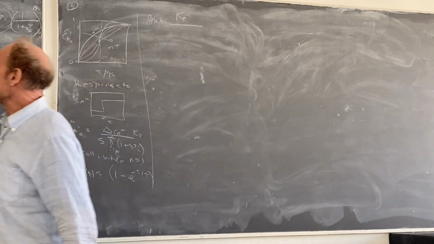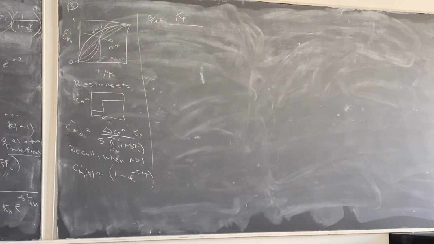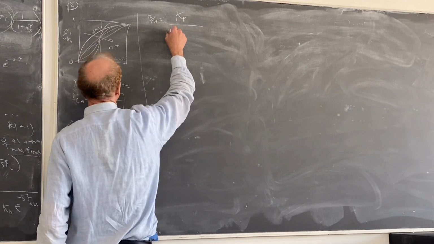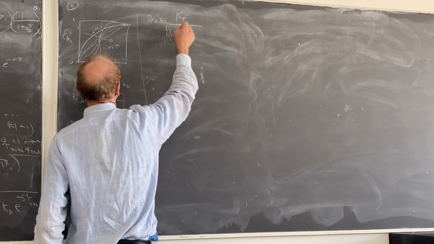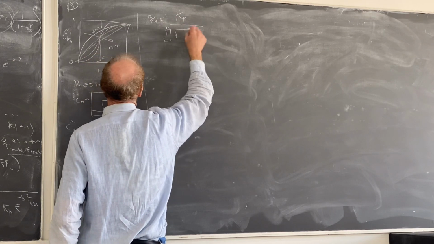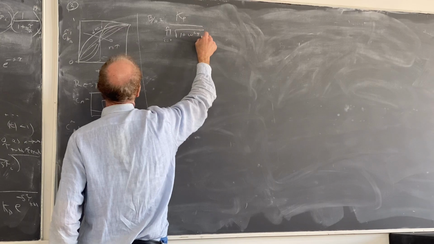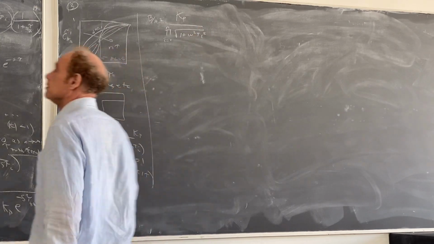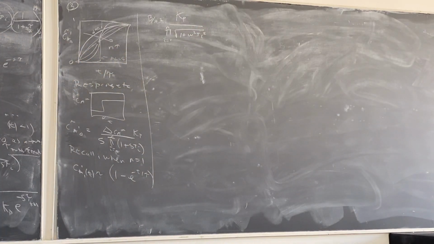And now I need the product of each of these denominators when I put in i omega and take the magnitude. Well, that's just the product of things that look like this, because for each one of those factors, I just get this.